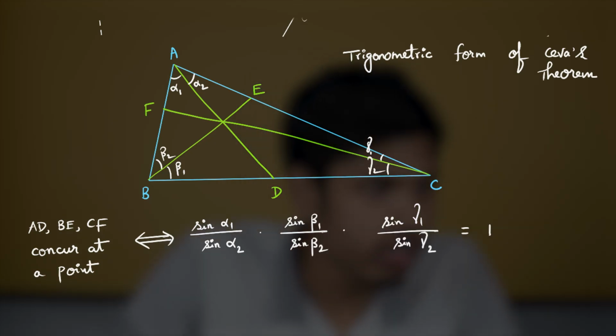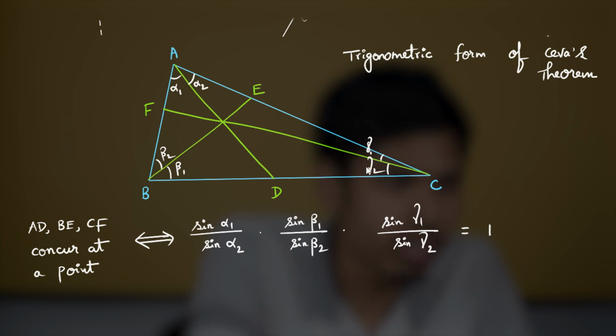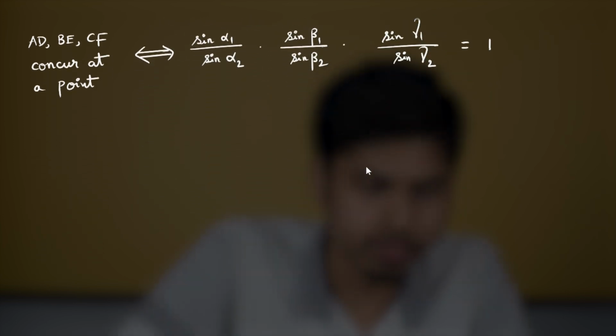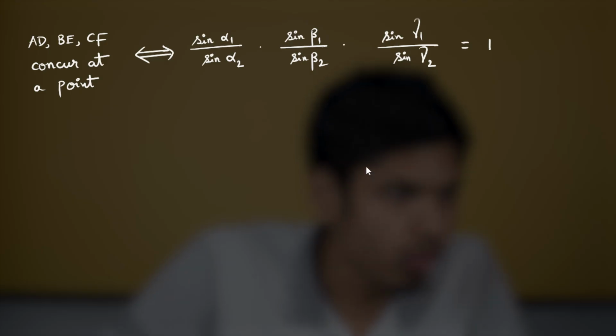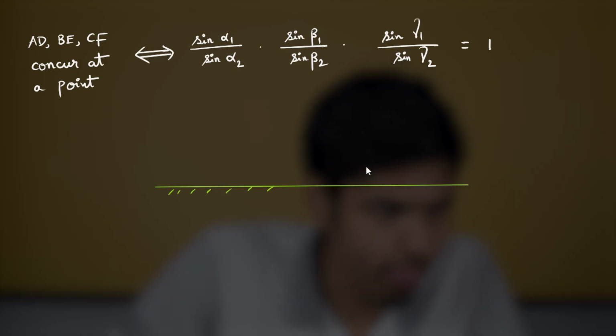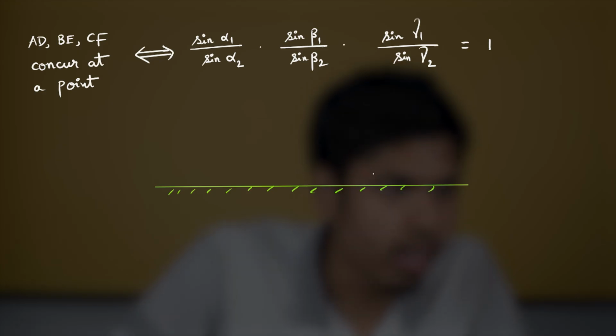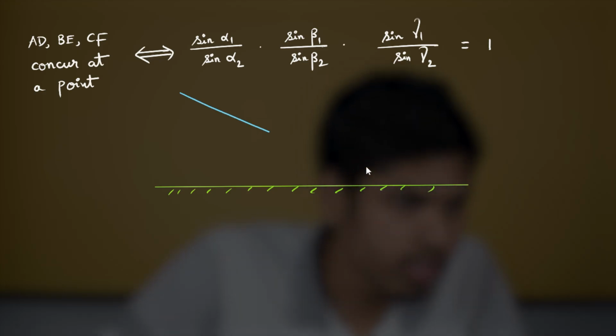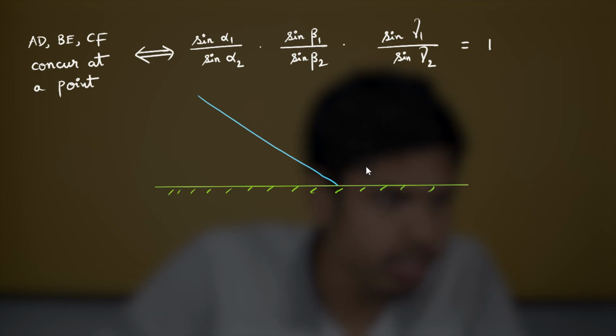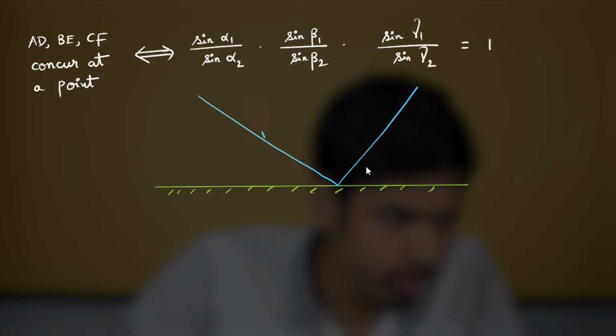Alright, now let's take a look into some basic principle of reflection. Suppose you have a reflecting surface and you have the incident ray falling on the reflecting surface, and you have the reflected ray.